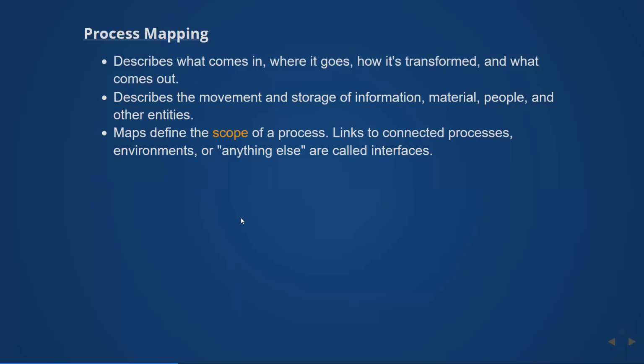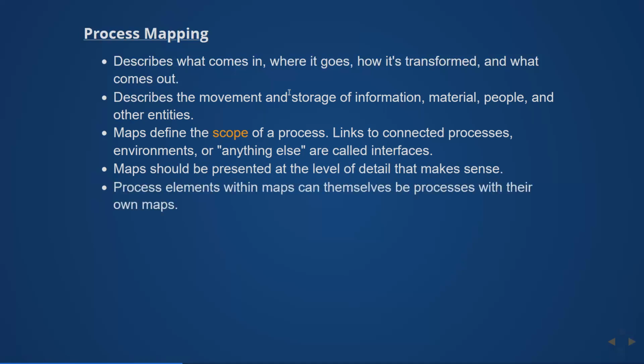And what you define as inside your process versus outside is the scope. Maps should be presented at the level of detail that makes sense given the problem you're trying to solve. I'll go into more about that in a little bit.